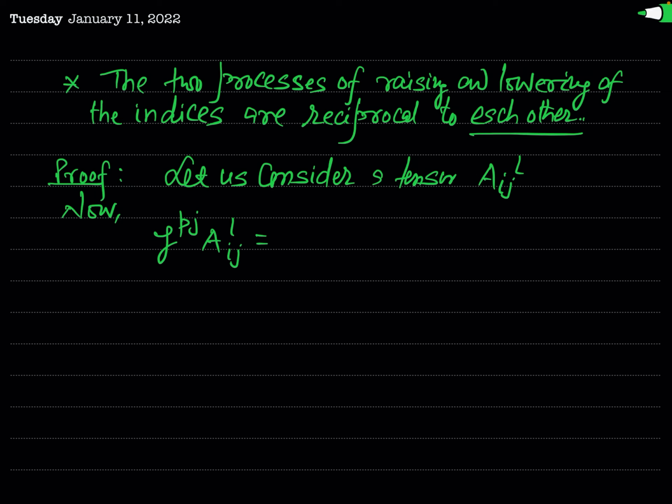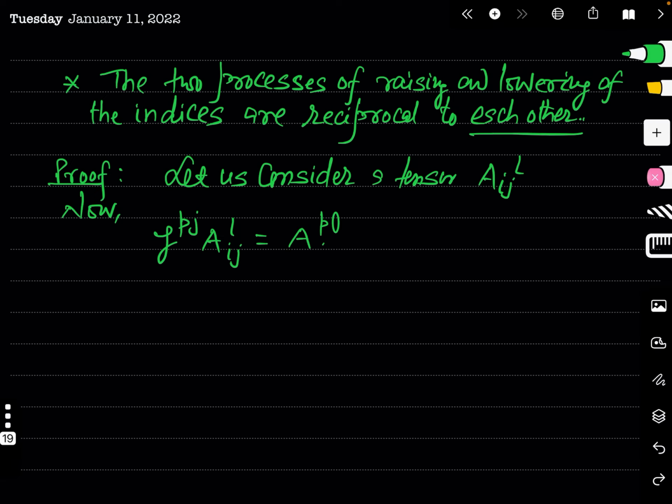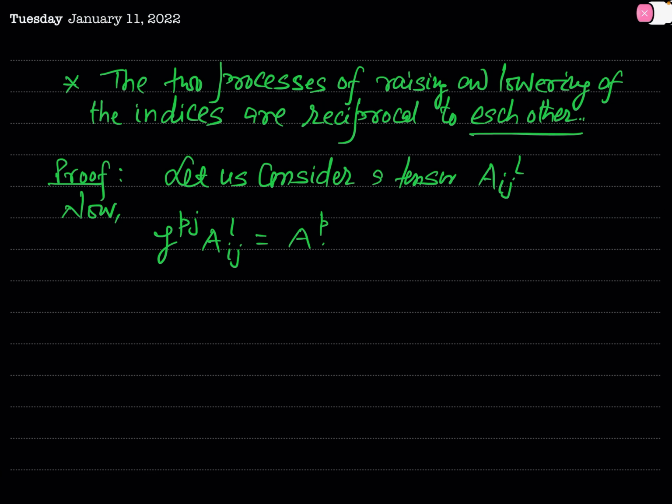You can easily say j is the common index, so we will drop it and our result will be A super PL sub I. And say this is your equation 6.